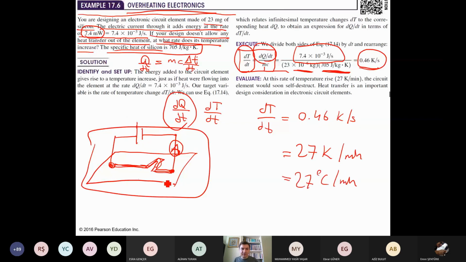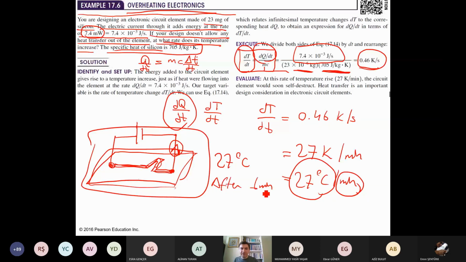Let's consider you have electronics, okay? And the temperature is 27 degrees Celsius at the beginning, and you drive current. So each 1 minute, you increase the temperature by 27 degrees Celsius. So after 1 minute, the temperature is 54 degrees Celsius.